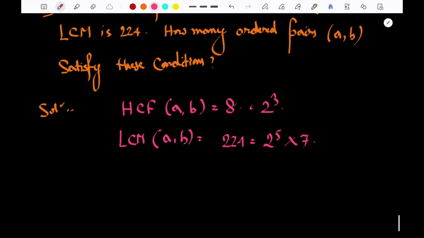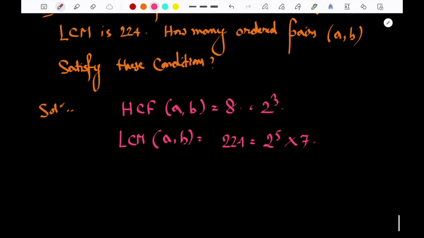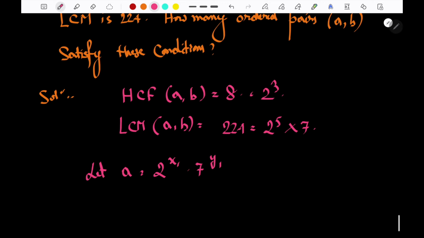Now, what do we need to do? We need to find ordered pairs satisfying these conditions. We have to utilize the method where, with only these two conditions, we will be able to find the ordered pairs. So basically, let a be equal to 2 to the power x1 into 7 to the power y1. Why only these two? Because HCF and LCM consist only of 2 and 7.